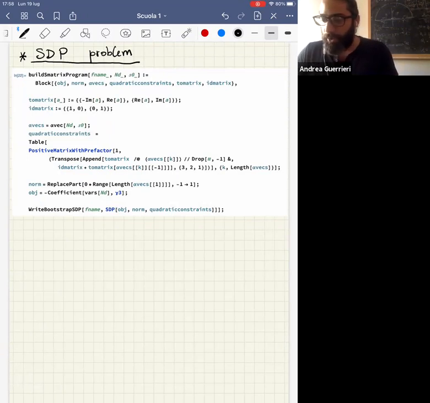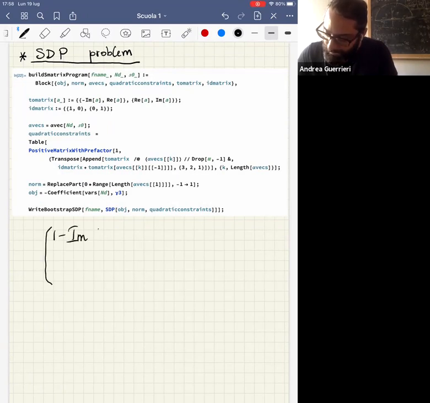Okay, so now we're going to pass it to the SDP problem, because we cannot just impose absolute value squared less than or equal to 1. So there is a nice trick, which is this nice matrix. Let me write it.